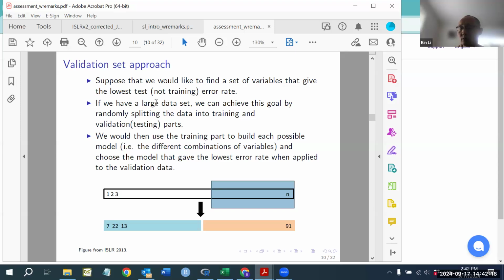Why? For example, let's say for your midterm project, which we will talk about later, you applied an artificial neural network. You applied a tree-based random forest. These are two different machine learning approaches. But for each approach, like for the artificial neural network, you need a validation set to select some parameters. And for the random forest approach, you also need to use a validation set to choose the optimal value for the parameter in the random forest algorithm.